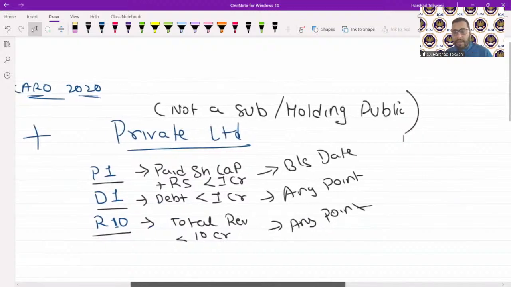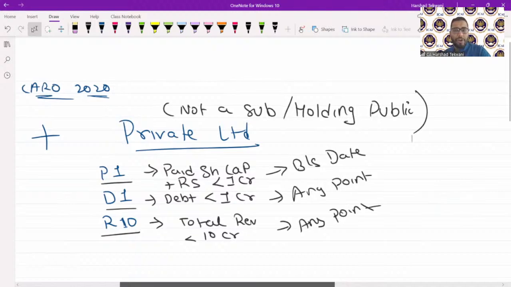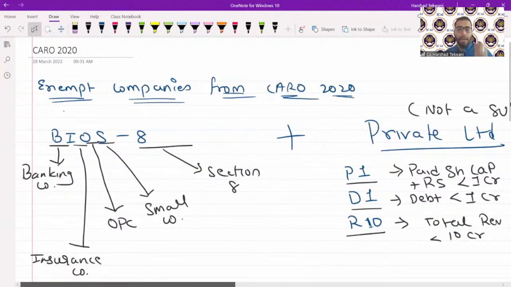Otherwise, it is applicable. I'm only required to check the paid up share capital, debt and turnover conditions when it is not a subsidiary or holding of a public company. If it is a subsidiary or holding of a public company, irrespective of the conditions, it is applicable. Irrespective of the conditions. Understood? Am I clear?